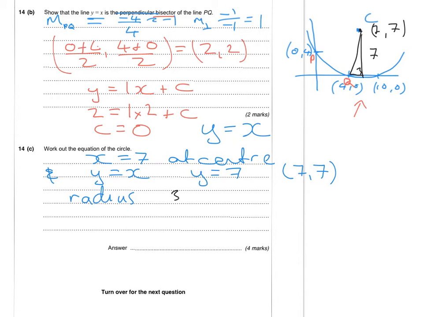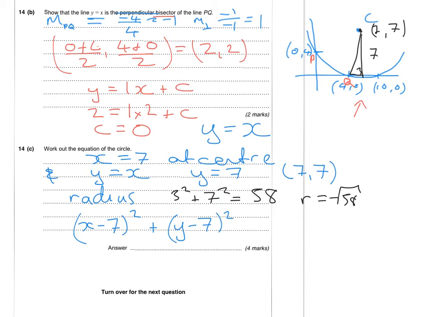So 3 squared plus 7 squared is equal to 58. So our radius is the square root of 58. And to make our equation, x minus 7 squared plus y minus 7 squared is equal to the radius squared, so that's 58.